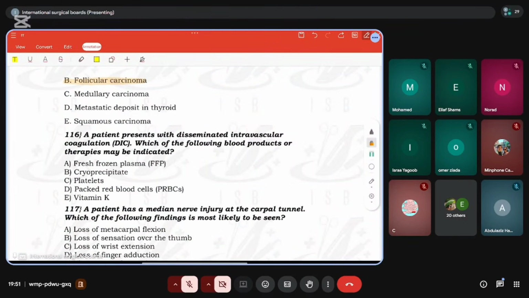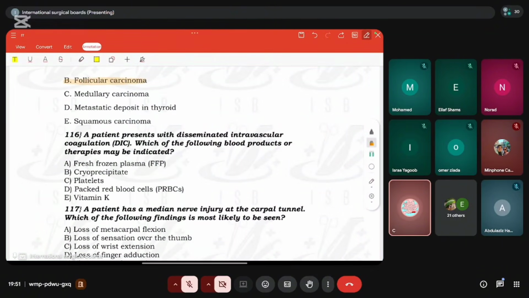So it means that because the coagulation factors are consumed, we need to replace them, right? What blood product would you think about that will be able to give you all of the coagulation factors consumed in the process of DIC?